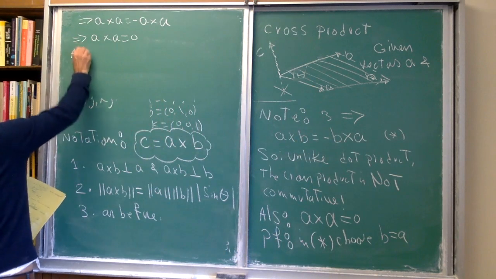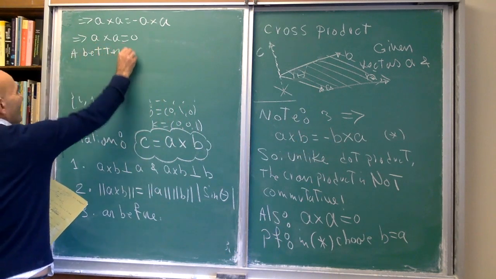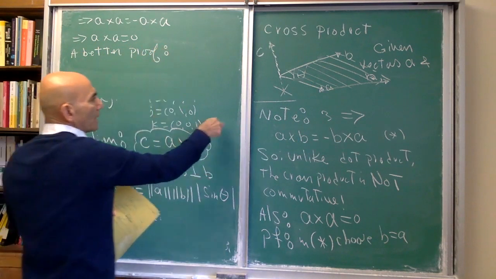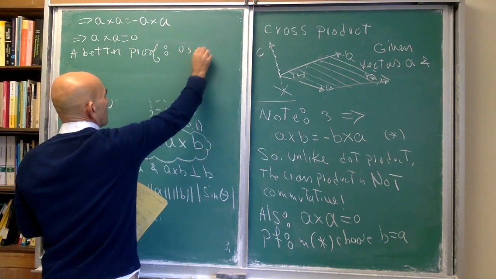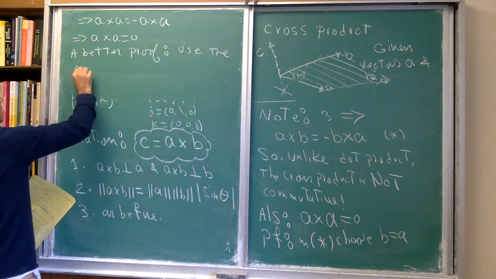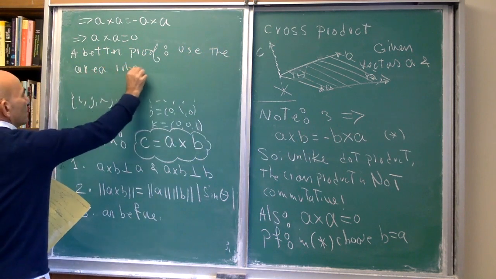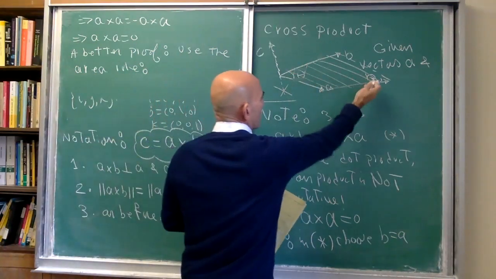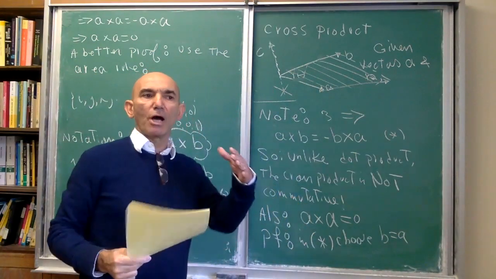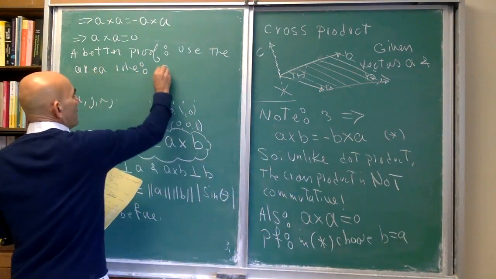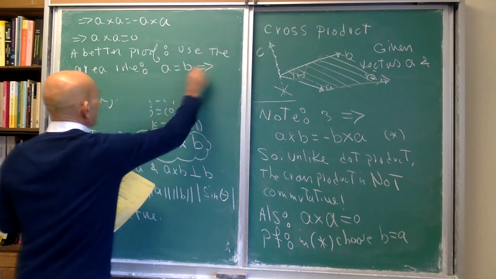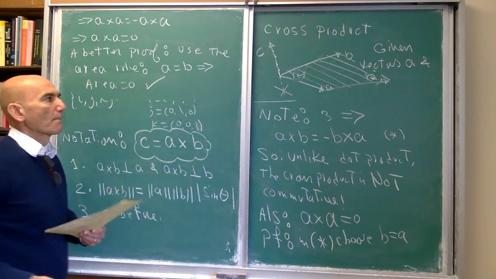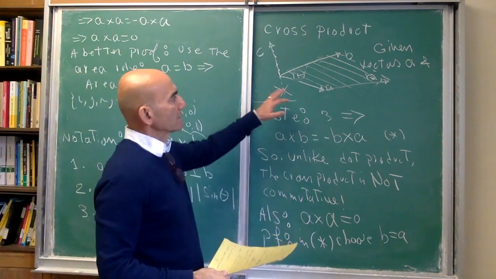So a better proof now: just use 2. Use the area law. If A coincides with B, this parallelogram formed by A and B is just a line, with area 0. A equal to B implies that area is equal to 0. So you're done. So that's a better proof.